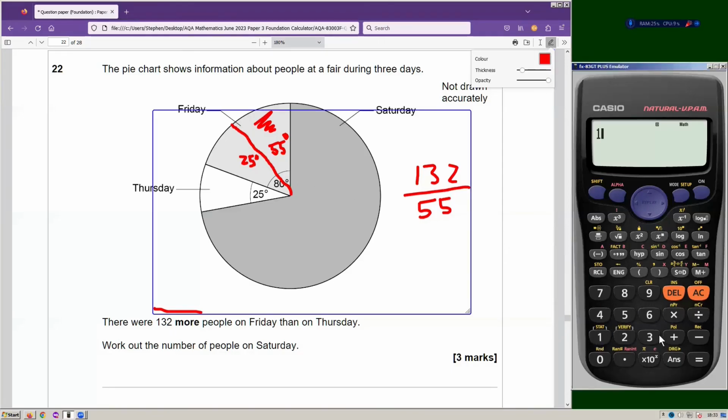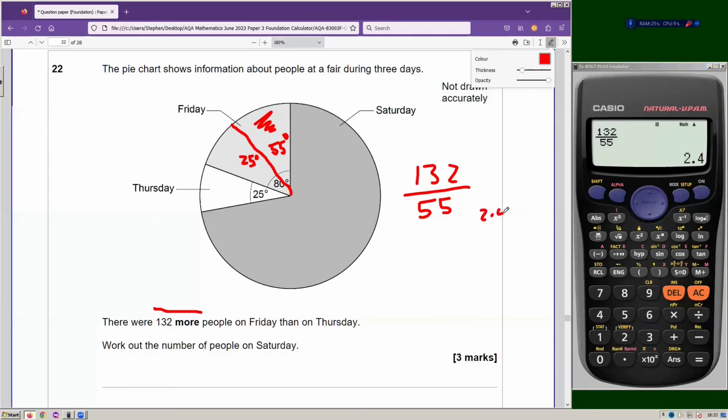So 132 divide by 55, 12 over 5. Okay, we got 2.4 people, but never mind. 2.4 per degree. I'm not supposed to write in this area, but never mind.